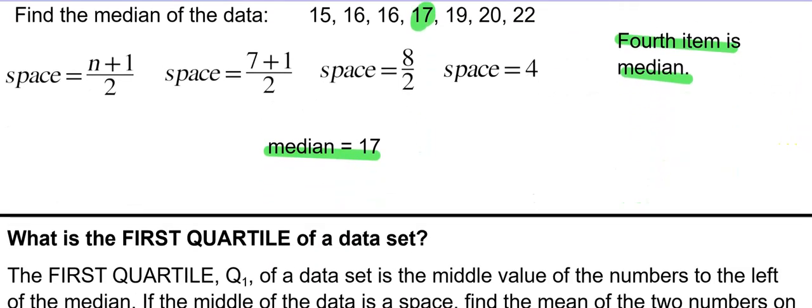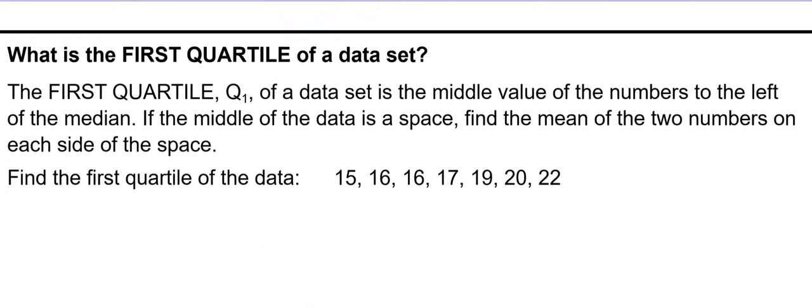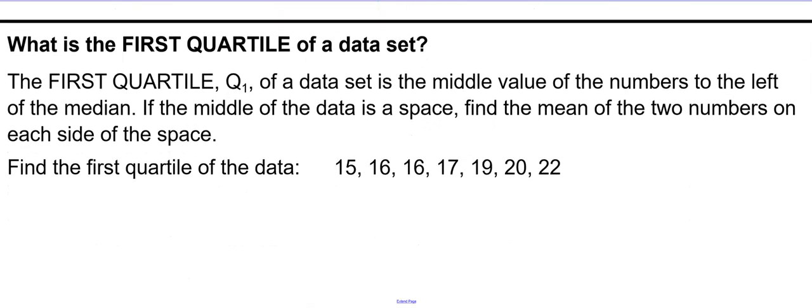Now, after you find the median, it's going to behoove us to find the quartiles. The first quartile of the data set, Q1, is the middle value of the numbers to the left of the median. Again, if the middle of the data is a space, then find the mean of the two numbers on each side of that space.